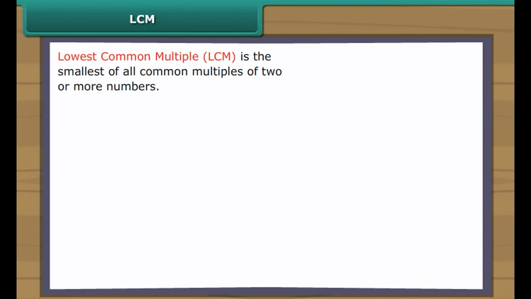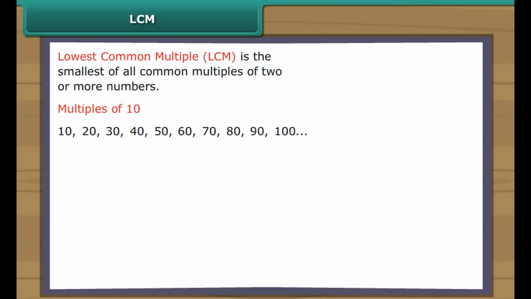LCM. Lowest common multiple, or LCM, is the smallest of all common multiples of 2 or more numbers. Let us identify the LCM of 10, 20 and 25. Multiples of 10 are 10, 20, 30, 40, 50, 60, 70, 80, 90, 100 and so on.